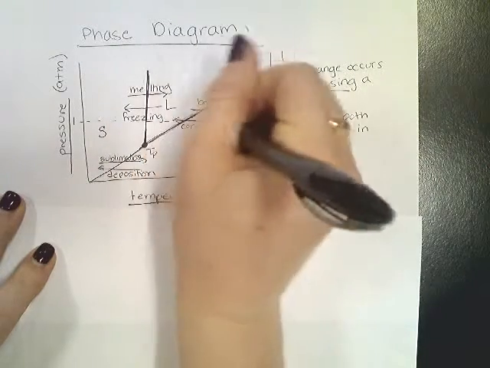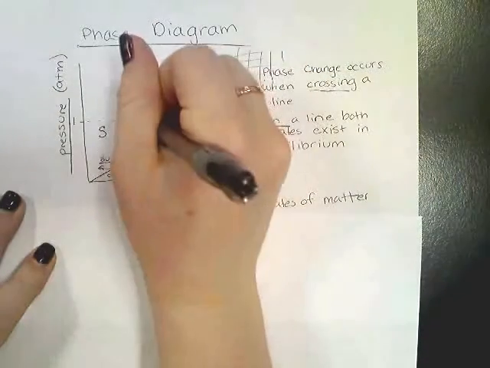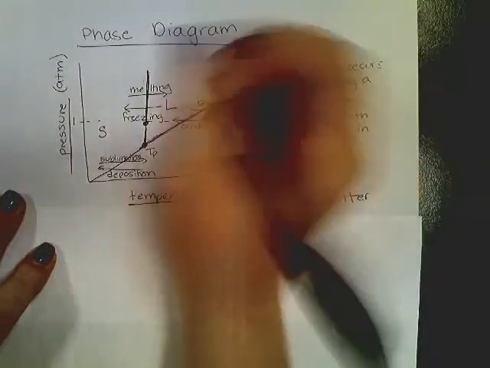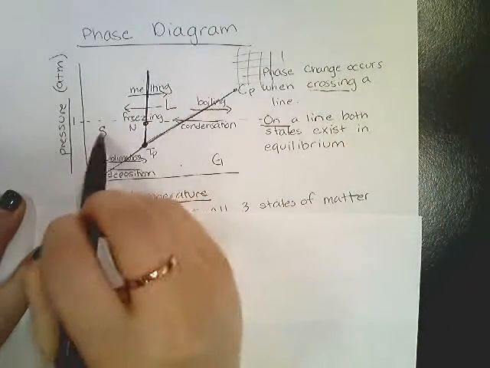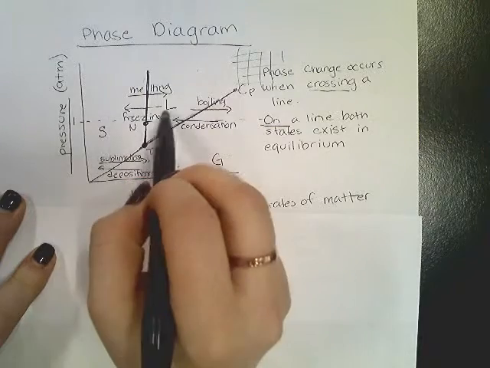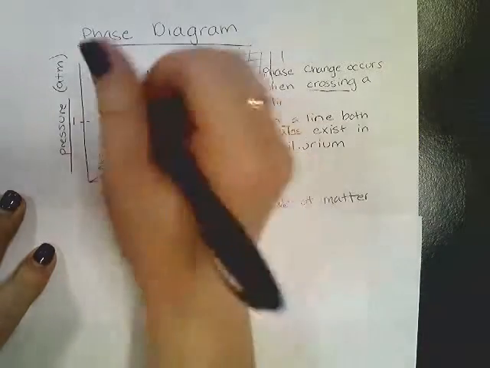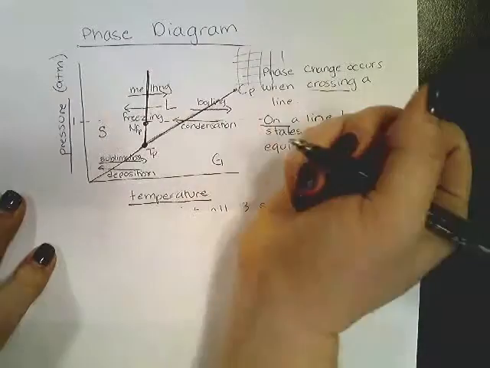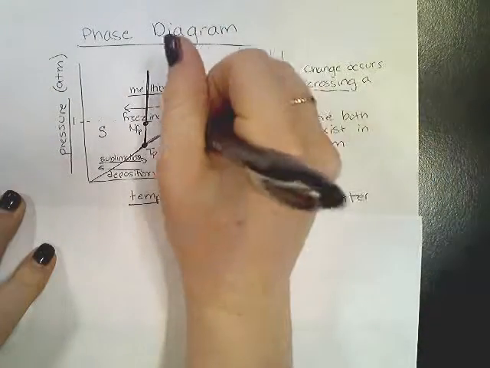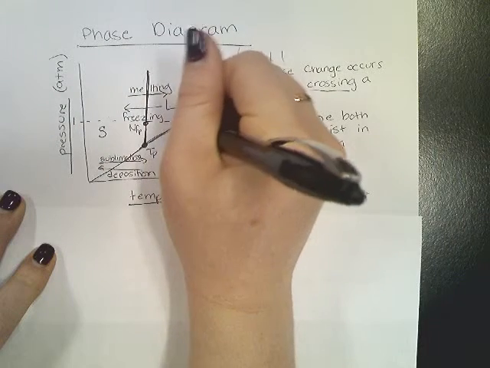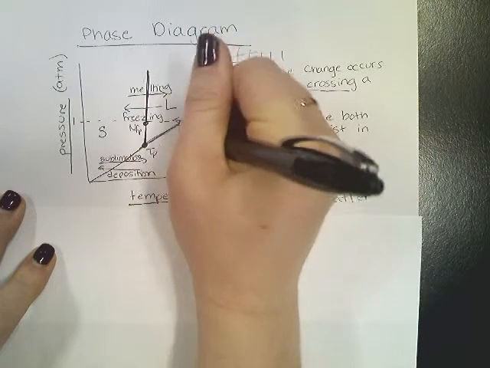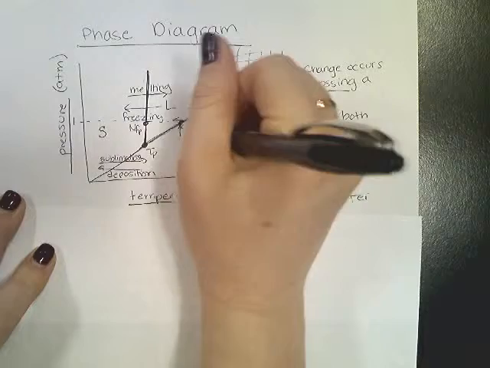So we'll draw a line across. This will be our normal point where I go from a solid to liquid. So solid to liquid means we're going to have our normal freezing point. And then our normal boiling point is when we're going between a liquid and gas, but we're at 1 ATM. So this would be my normal boiling point.